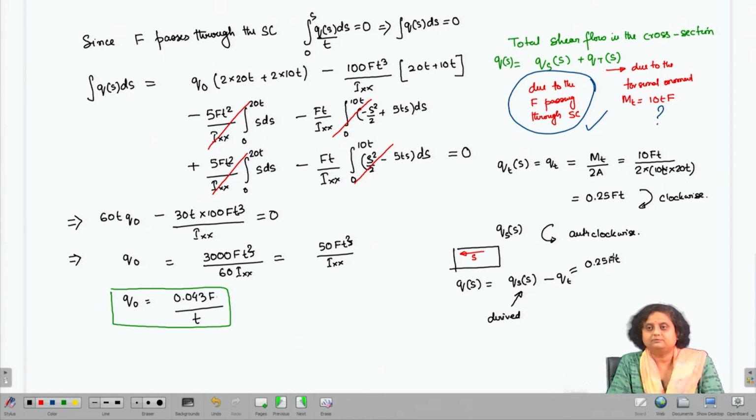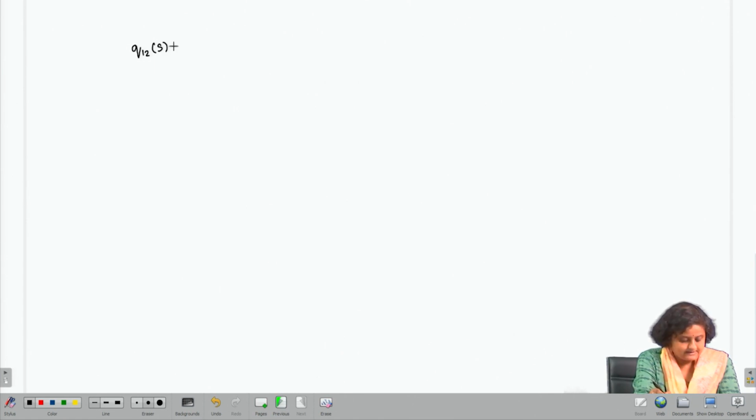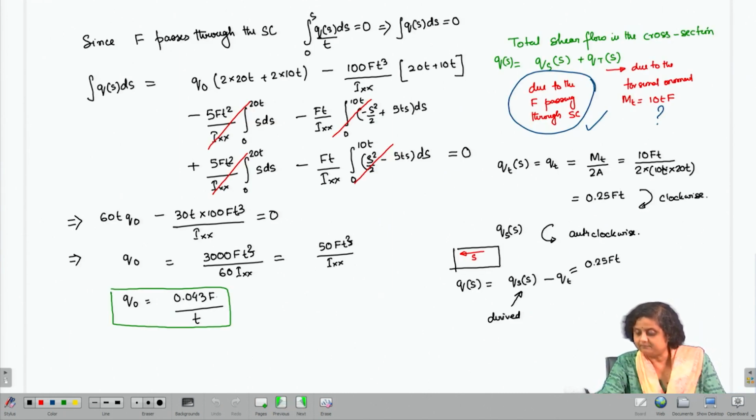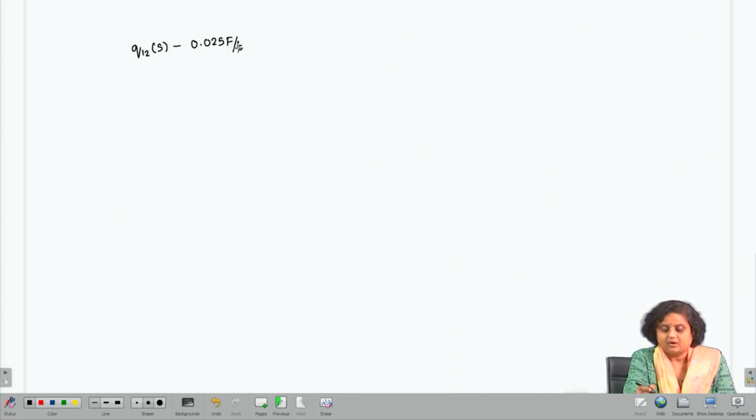The total value of the shear flow can be written as Q12S minus 0.025 F by T. So, this is F by T, which is going to be Q0.